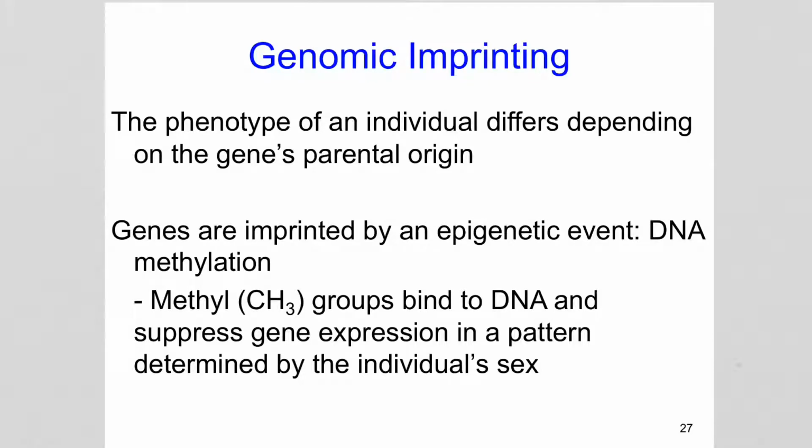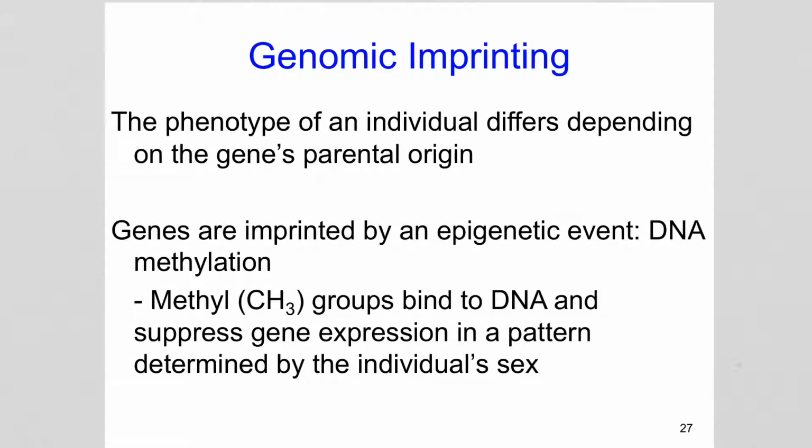So another factor that can influence gene expression in different ways between males and females is genomic imprinting. And so this refers to when the phenotype of an individual actually depends on whether the gene was inherited from the mother or the father, so that parental origin.